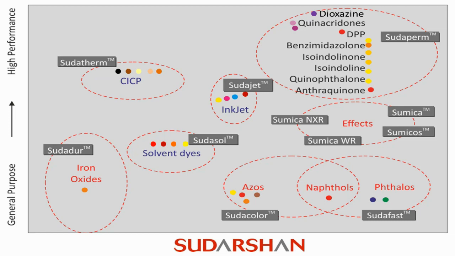Our solvent dyes are Pseudosol. And then we have our classical Azo pigments in the Pseudocolor range as well. And then our effects are Mica. So you can find yellows in each of these spaces, depending on where you need to be with your performance areas.